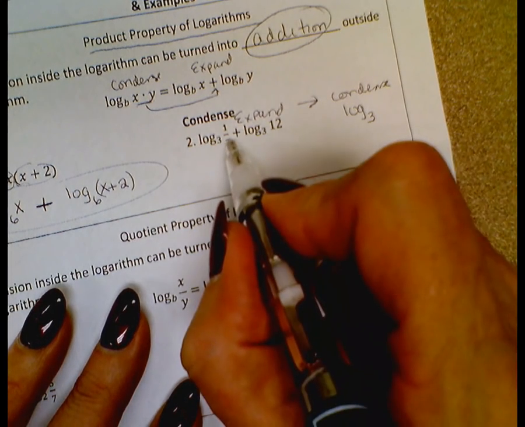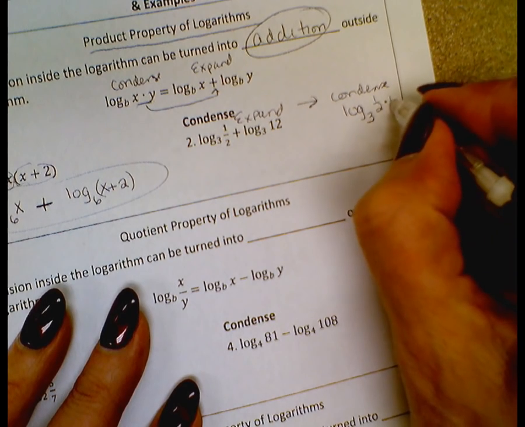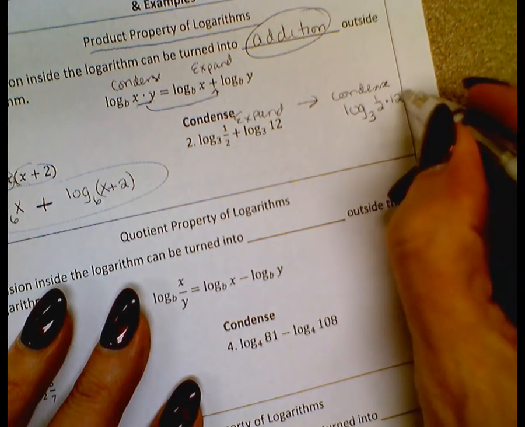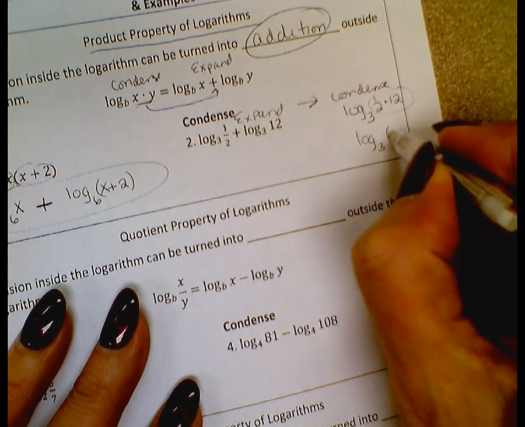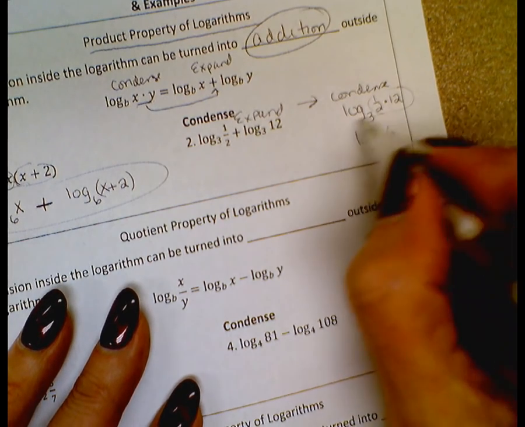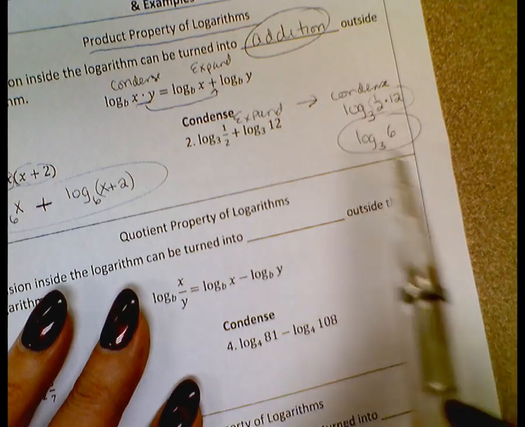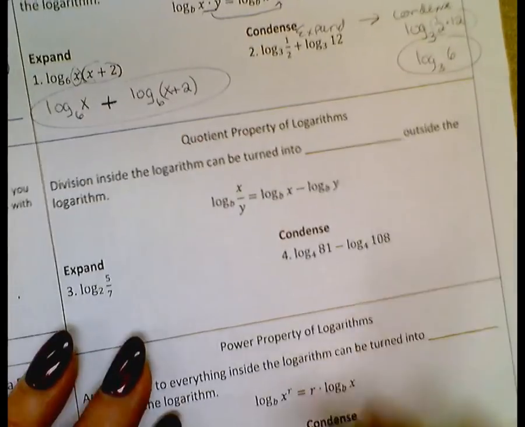And we're going to take the 1/2, instead of plus 12, it's going to be 1/2 times 12. So when you condense, the addition goes back to times. And now if you can simplify this, you should. 1/2 times 12 is 6. And that's your answer. That's condensed. So it went from here to here. So when we're solving an equation, it's sometimes easier to condense to make the problem easier.